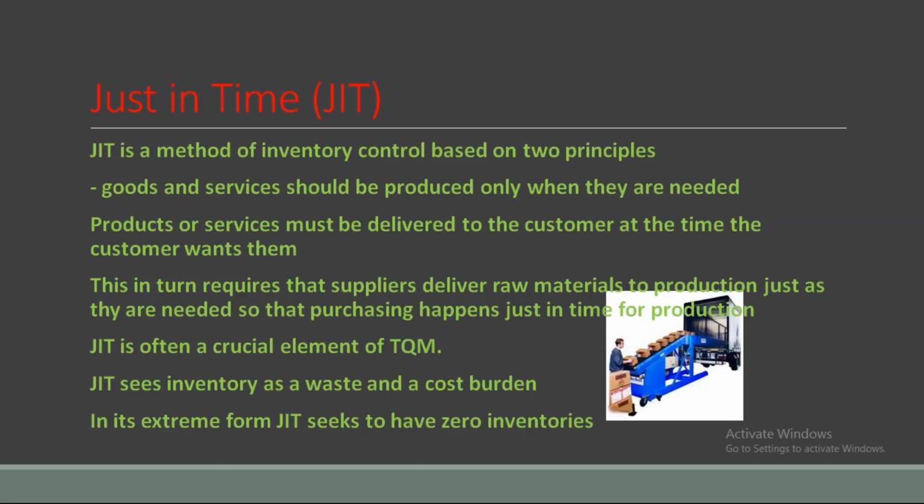But the idea is to minimize the inventory to the minimum level so that we rely on our suppliers to supply whenever we want it, and our customers rely on us to supply to them whenever they want it. So for this purpose, you need very good IT systems to coordinate between the supplier, the customer and our manufacturing unit to produce just in time when we want.